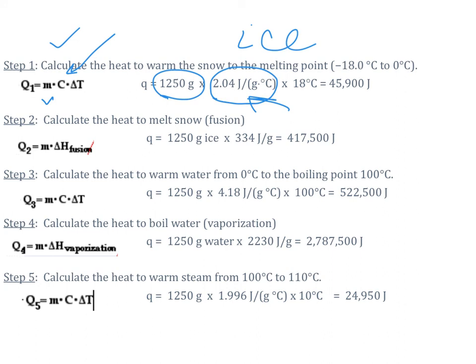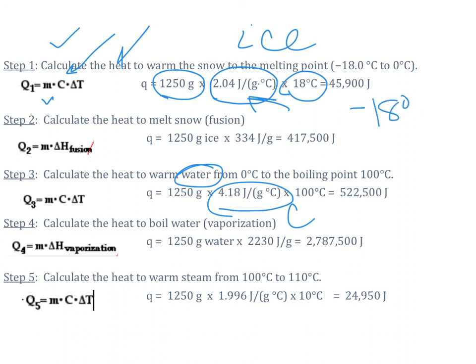But for liquid water, the specific heat capacity is 4.18. So be careful, okay? And then again, change in temperature, it's only for that step 1. Remember, every leg of that heating curve has its own values. And so when you're going from negative 18 degrees frozen snow to its melting point at 0 degrees, there's only an 18-degree change in temperature.